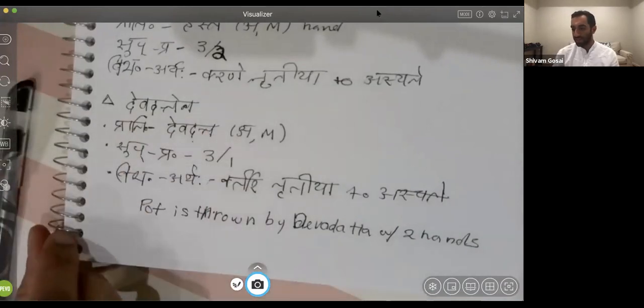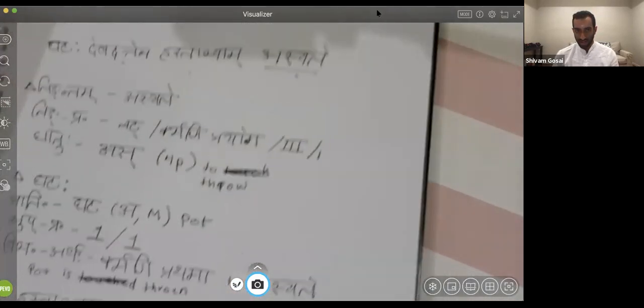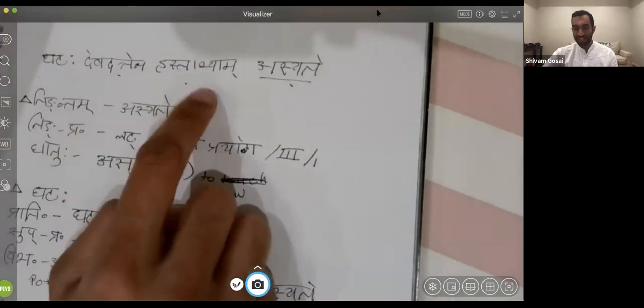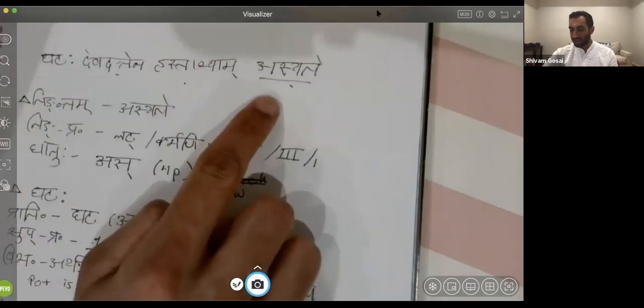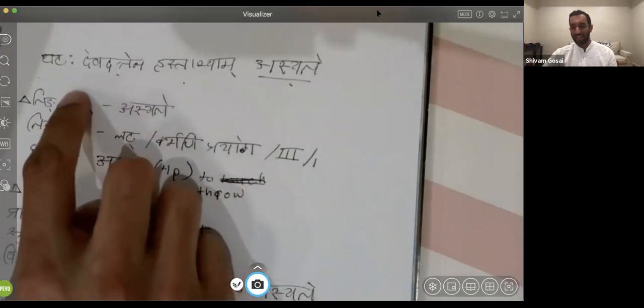One question might be why can't we say that this hasta is the karta and this is the karana? So the pot is thrown through Devadatta or by Devadatta. I don't even know how we translate.